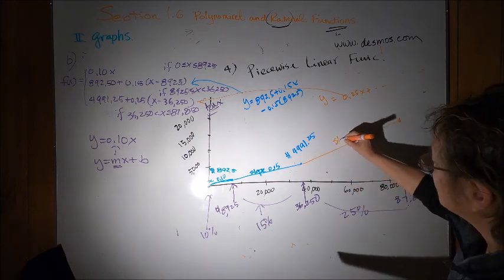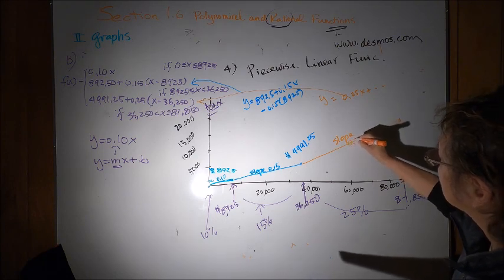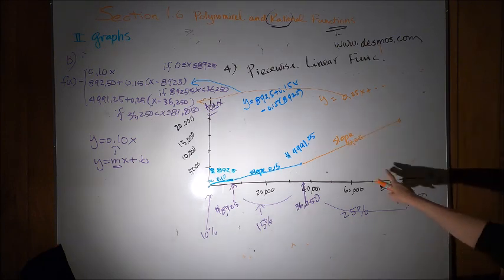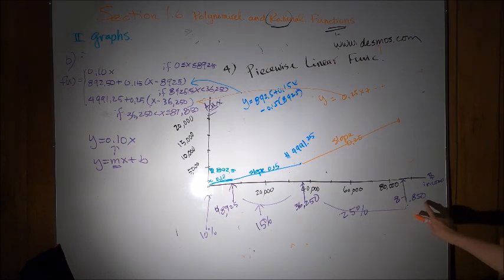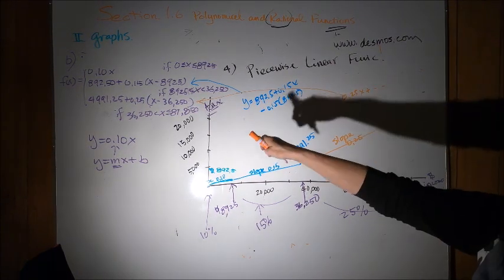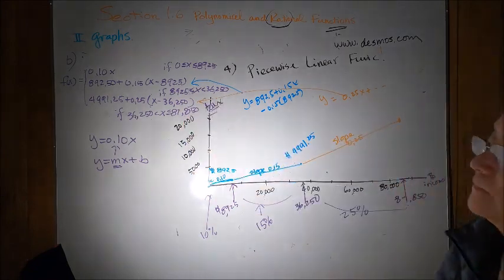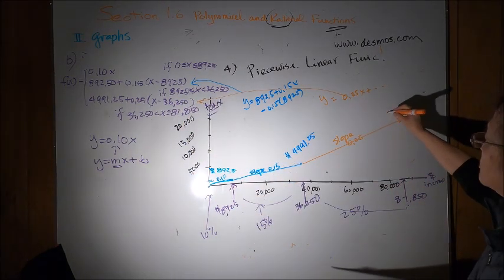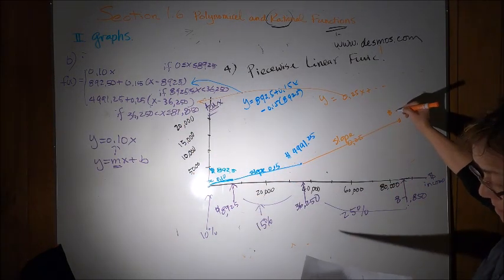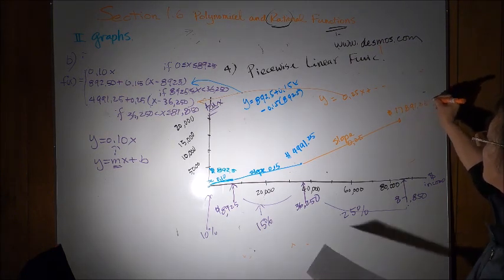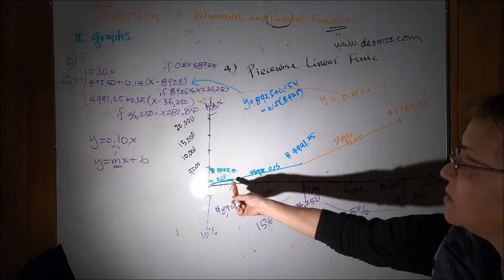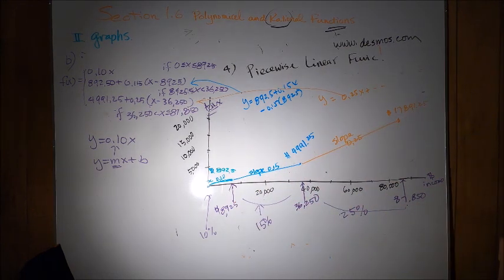Your slope is 0.25. So you plug in the value: if you make $87,850, you plug in to here, right? So your dollar amount would be what? 17891.25. So you can see gradually you'll pay more.